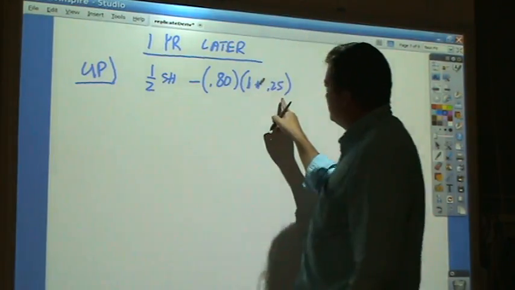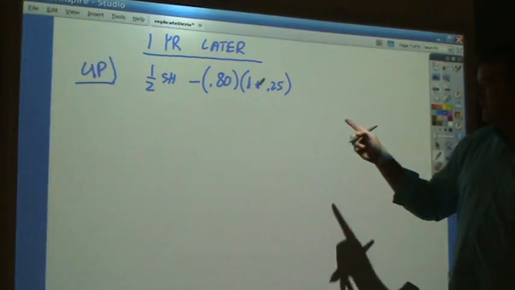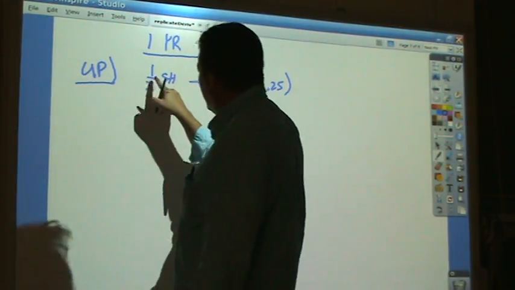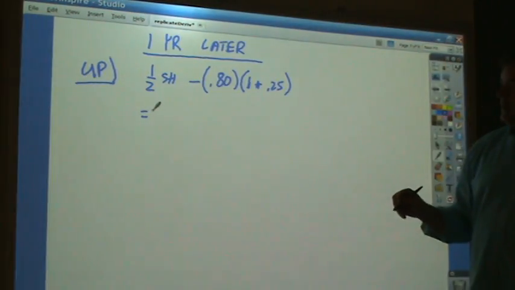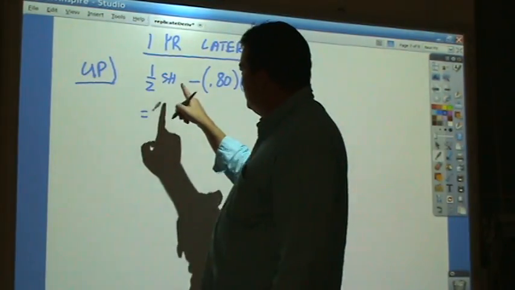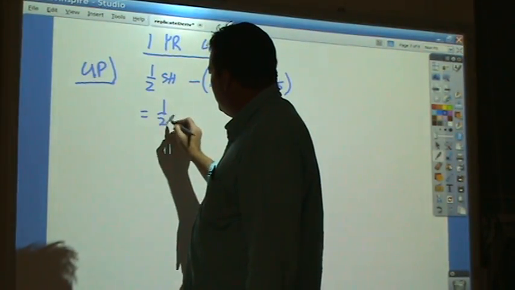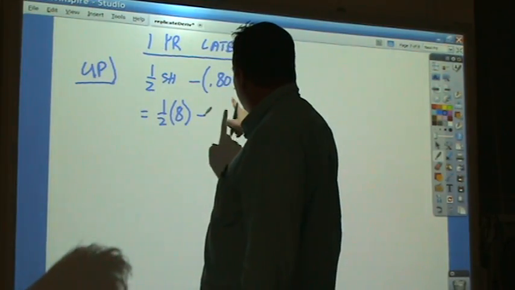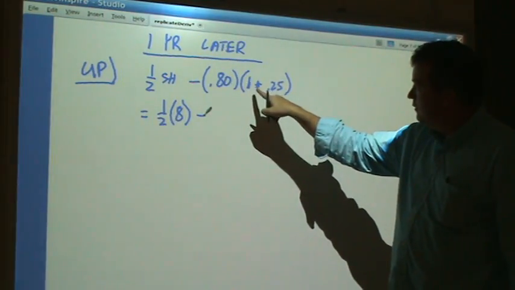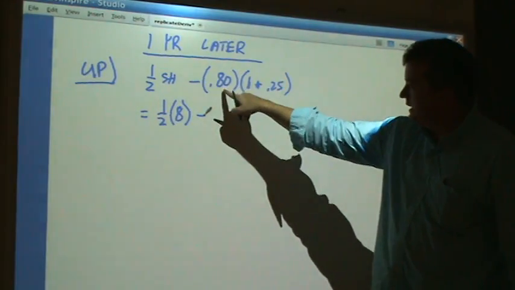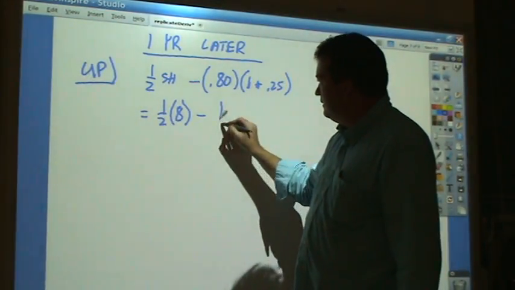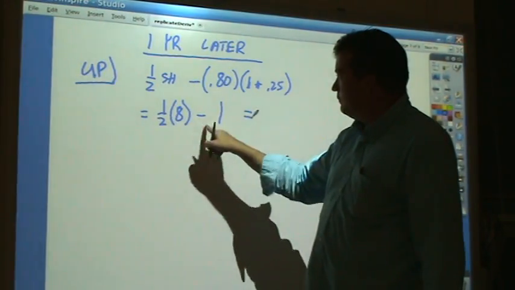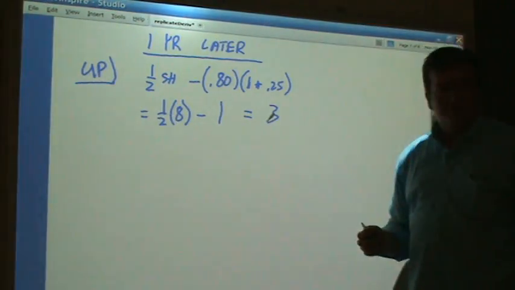So that's interest on 80 cents plus 1/2 share. So what does that equal? What is 1/2 share if the market went up? $4, right? So 1/2 times 8 minus 1.25 times 80 cents is $1. And that equals 4 minus 1, $3, right?